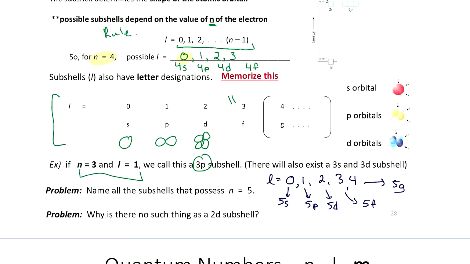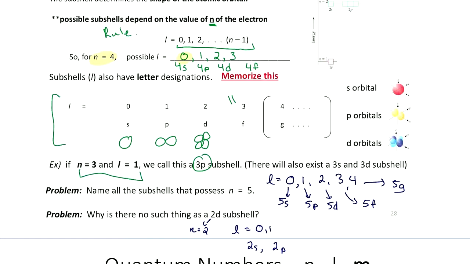All right, okay, another one. Why is there no such thing as a 2d subshell? What's implied there is that the n value here is 2. So the possible l's for n equals 2 are 0 and 1 only. So the only accessible subshells we can have for an n equals 2 electron are 2s and 2p.